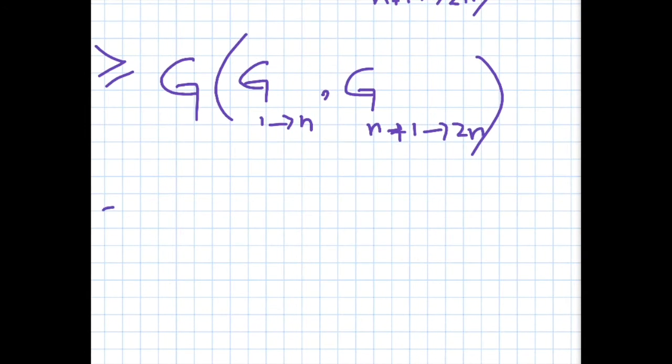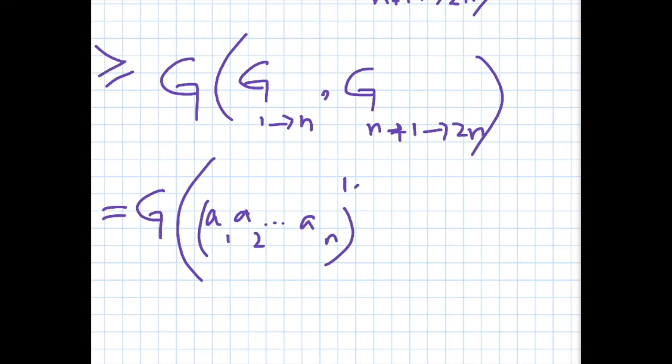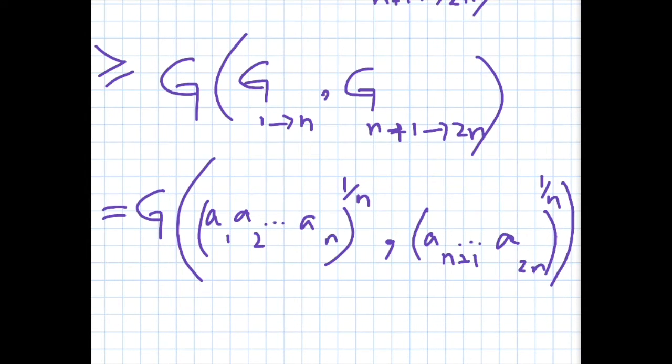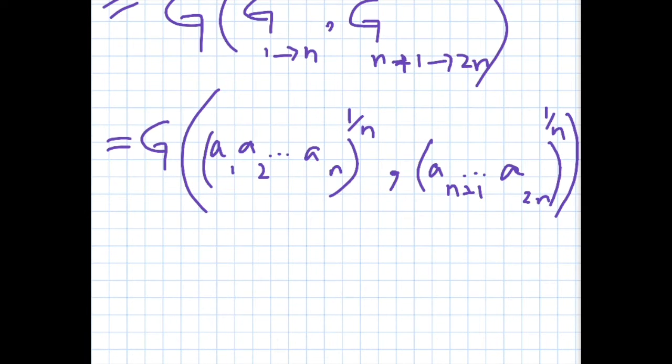So let's open this. This is the geometric mean of a1, a2 up to an to the 1 over n, and then a(n+1) up to a2n as a product. The geometric mean of two numbers is you multiply them and take the 1 over 2 power.